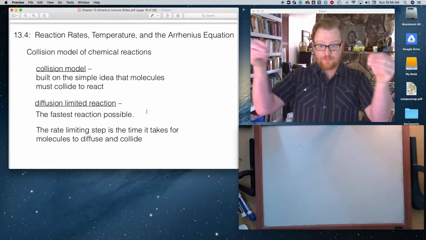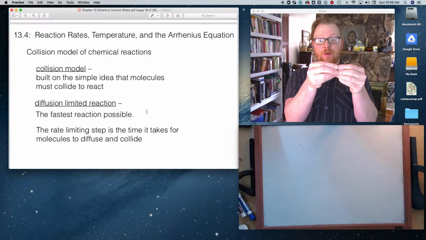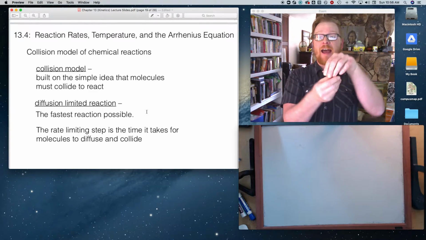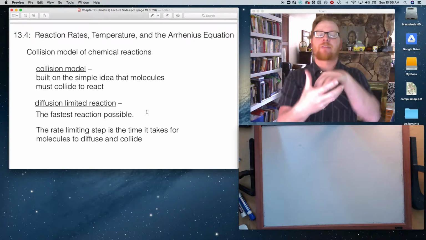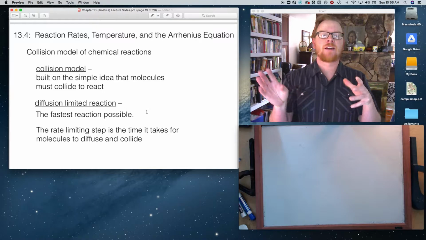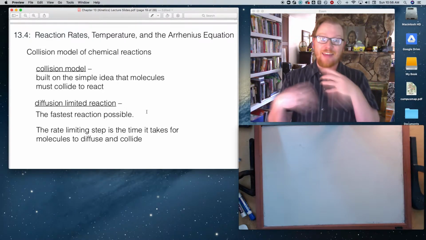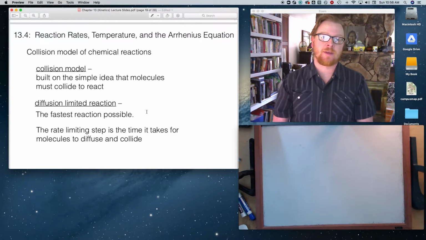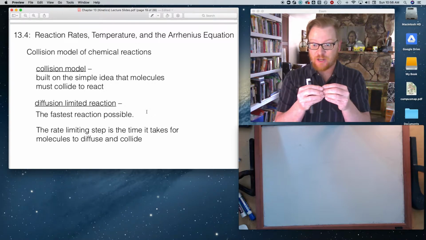They diffuse, they find each other and they collide, but the reaction's not over. They might have to dance around, flirt a little bit with each other, exchange electrons, vibrate around a little bit, and that could take a lot of time. That takes a significant amount of time, much more time than it takes for them to just find each other and collide.